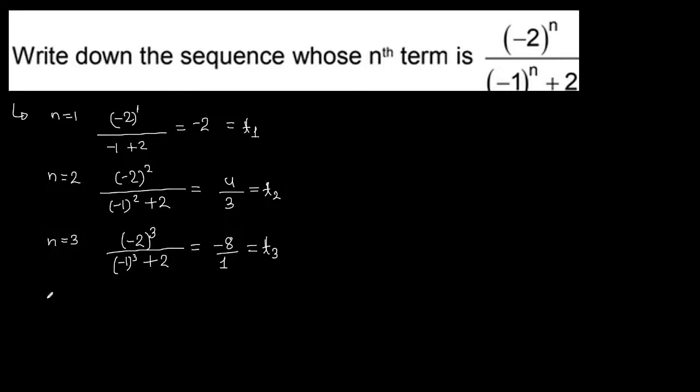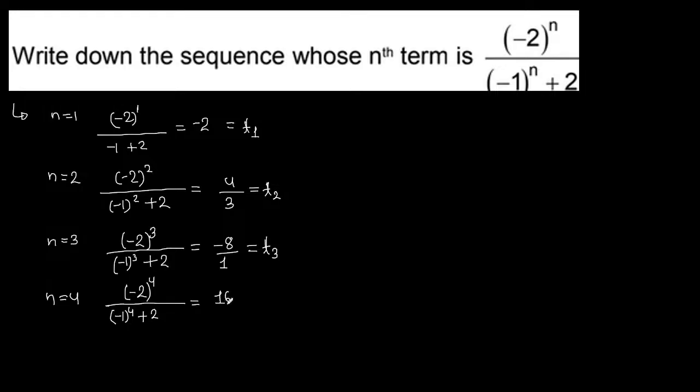This is T3. Similarly, if you go with n equal to 4, we are just showing some examples: (-2)^4 whole divided by (-1)^4 plus 2.